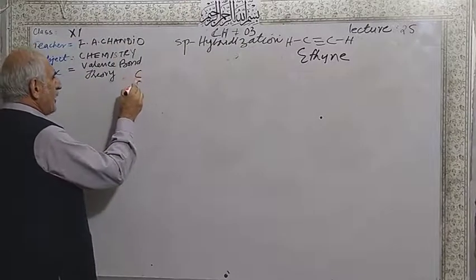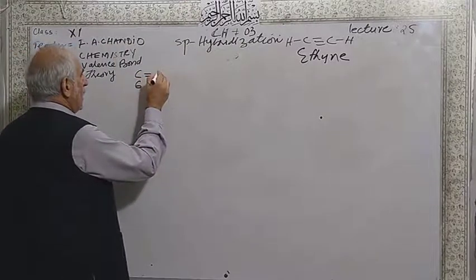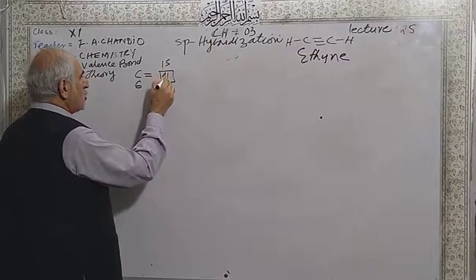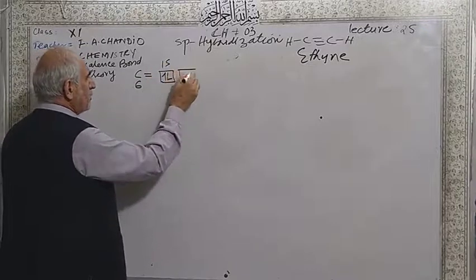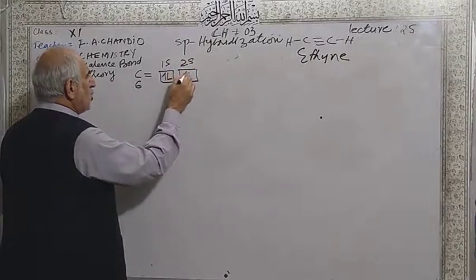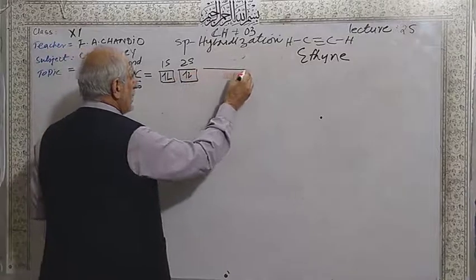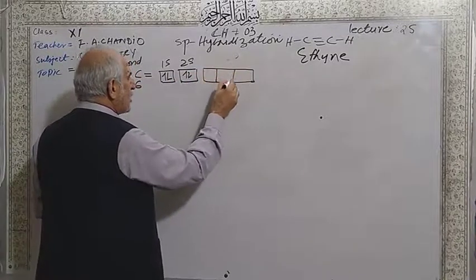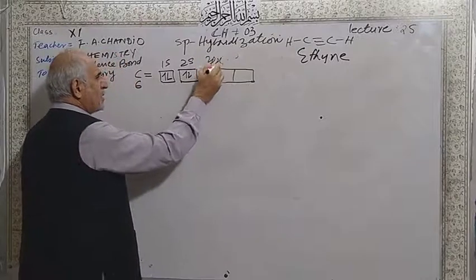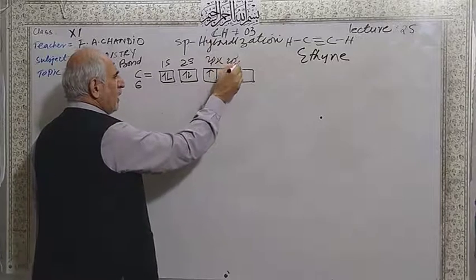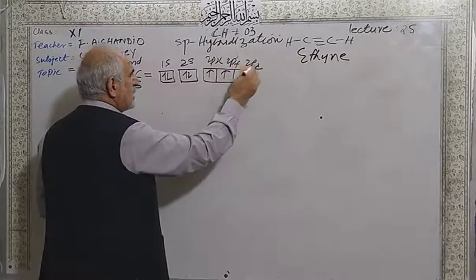So this is the carbon, atomic number 6, electronic configuration 1s2 complete, and this is the 2s2, also complete. So degenerate orbitals 2px1, 2py1 and 2pz0.